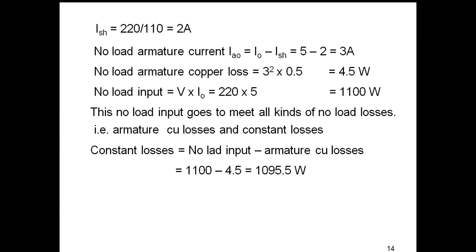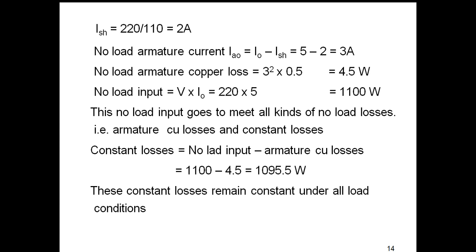We know the no load input, that is 1100 watt, and the armature copper loss as 4.5. On substituting that, it is 1100 minus 4.5, we get the answer as 1095.5 watts.